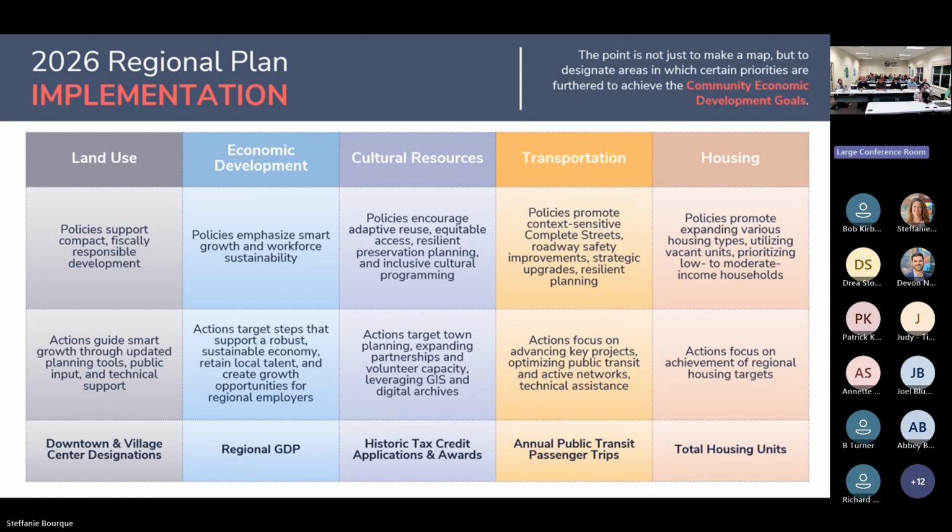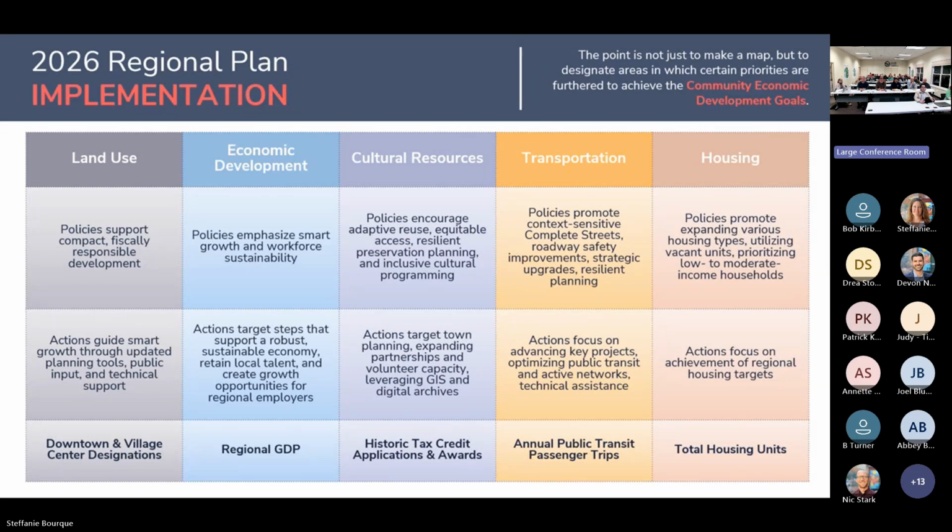In transportation, we have policies that promote context-sensitive, complete streets. So any folks on the TAC or that work with your community's highway department understand what complete streets are, as well as roadway safety improvements, strategic upgrades, and resilient planning. The actions focus on advancing key projects, optimizing public transit and active networks, as well as technical assistance.